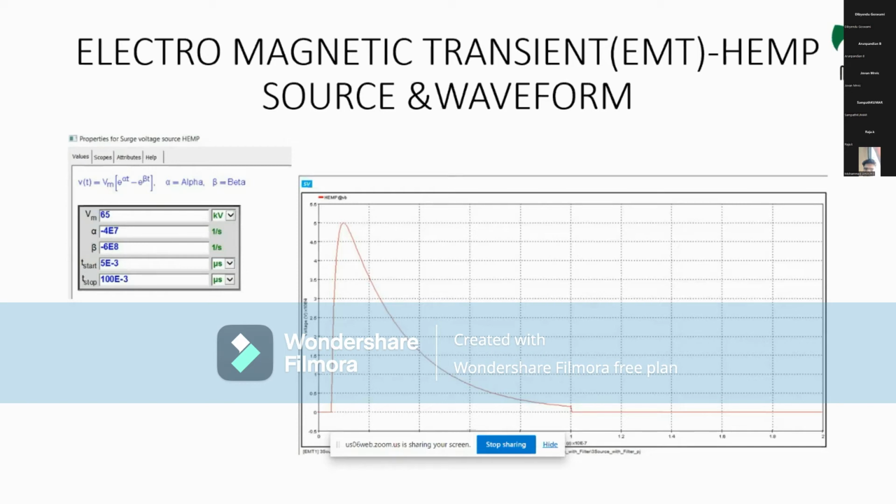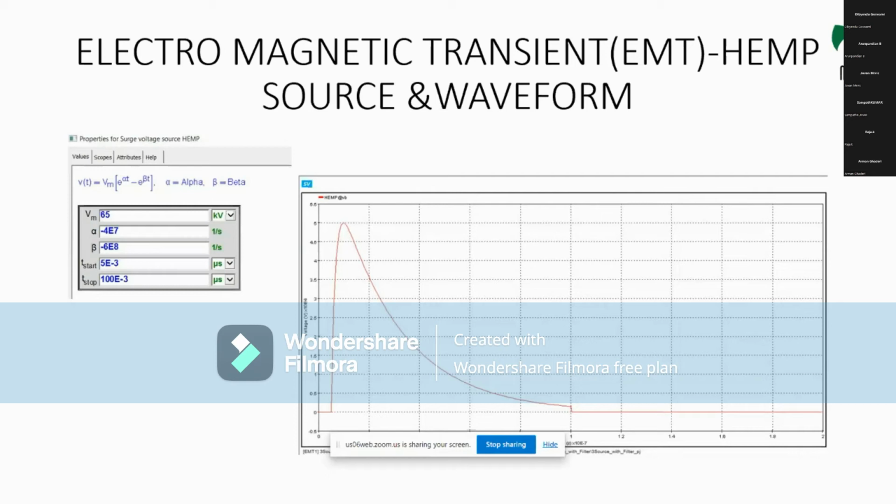As you can see, the voltage surge can be represented as a double exponential waveform, which means two exponential terms with the coefficients alpha and beta. These slides show one example of an E1 waveform with a peak of 50 volts per meter and a duration of 95 nanoseconds.